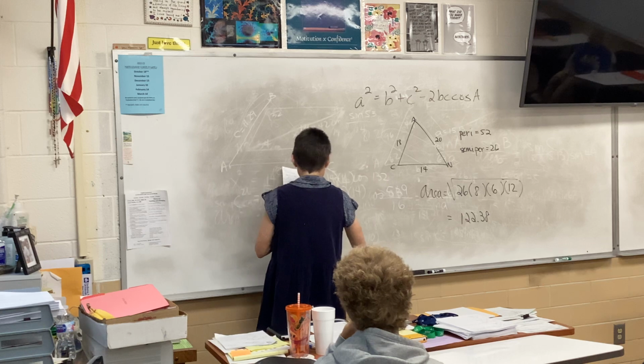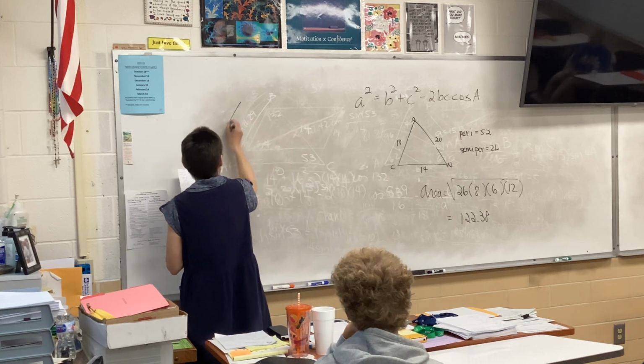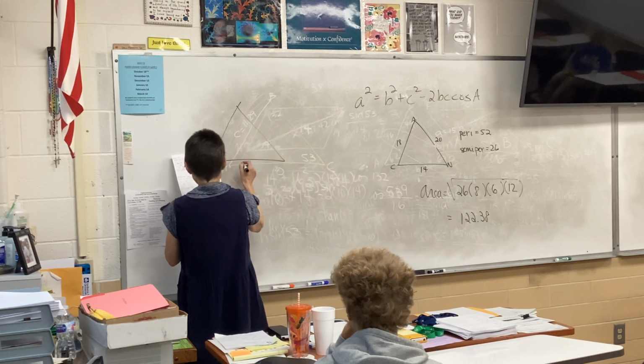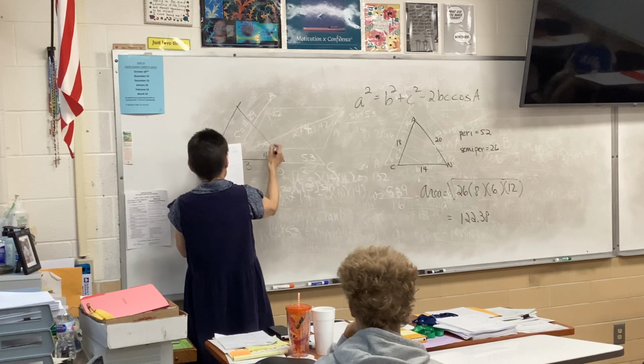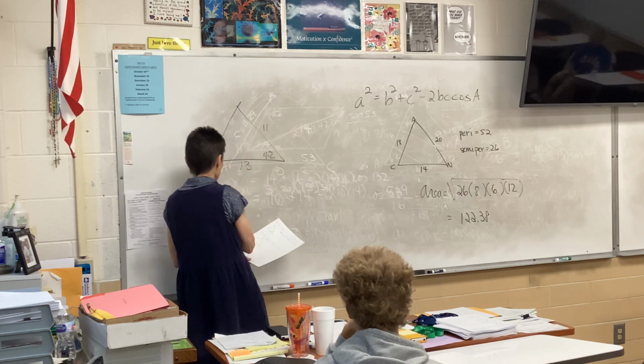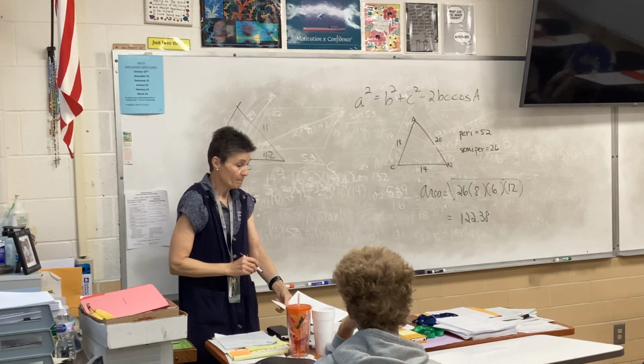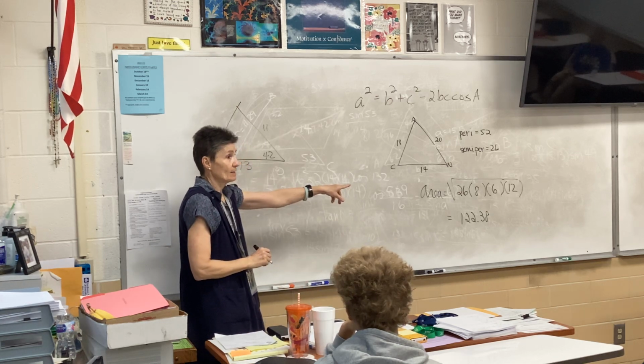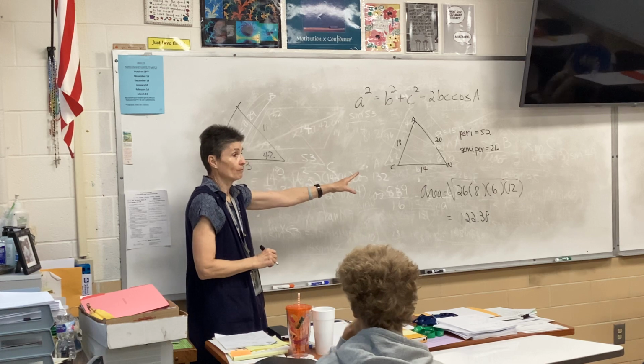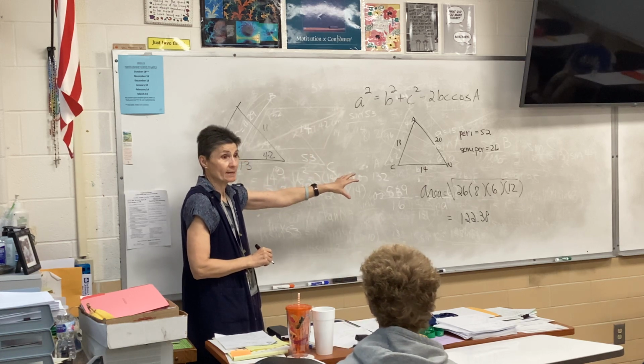All right, one more problem on this side. We're finding area. Now, are we going to find area the same way we just did? No, because to do that, which is so cool and so wonderful, you need all three sides.